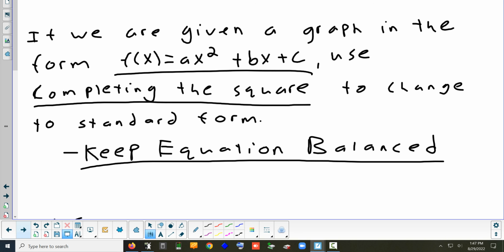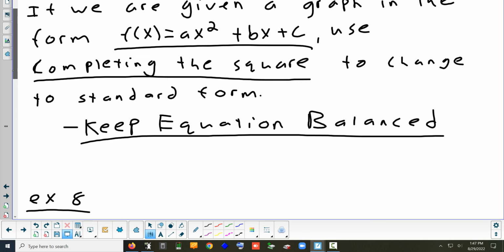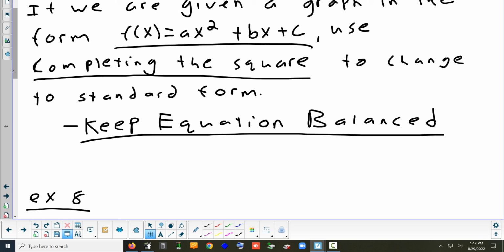A lot of people don't remember that because it's not something that we do a lot, but I'm going to show you an example of how to do it. And hopefully it'll help you remember how to do it. The important thing with completing the square is whatever you do on one side, make sure you do on the other, like most things in algebra.